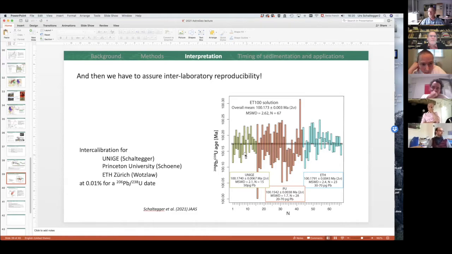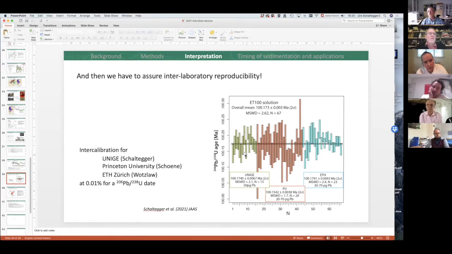There was no statistical treatment of data at that time. So we are basing our whole analytics on decay constants which were determined so long ago, and the uncertainty of these determinations is estimated. That's of course to be fixed. This is a big problem.